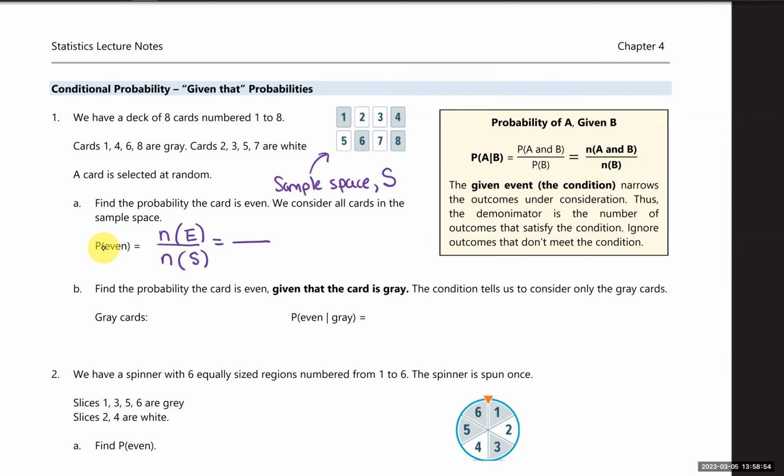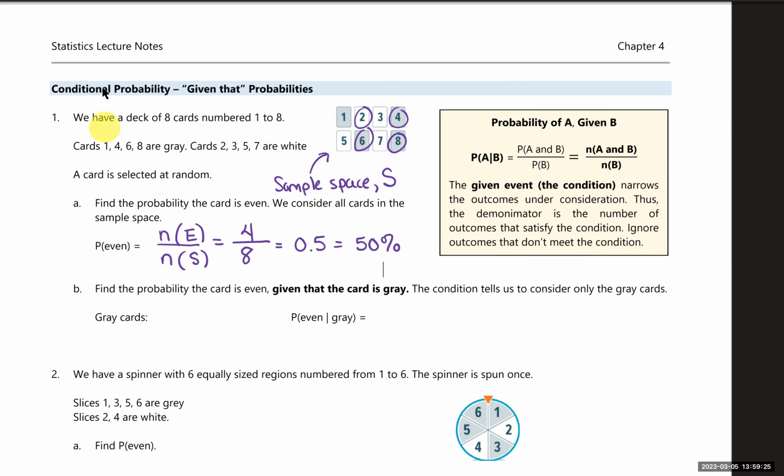So my denominator here, we are looking at all 8 cards, and then the number of those that are even would be 2, 4, 6, 8. So there's 4 even cards out of the 8. So there would be a 0.5 or 50% chance of randomly picking a card among the 8 that's even. All right, and I'm again writing fraction, decimal, percent just for practice.